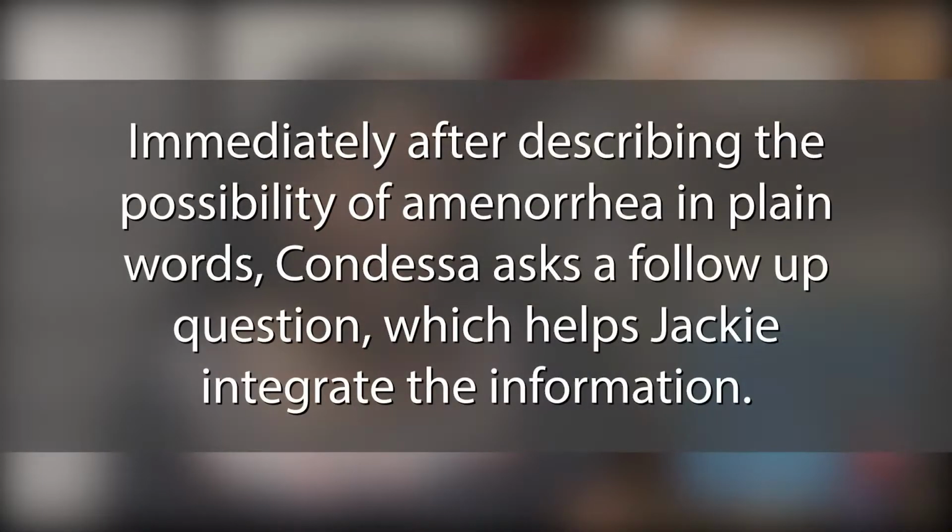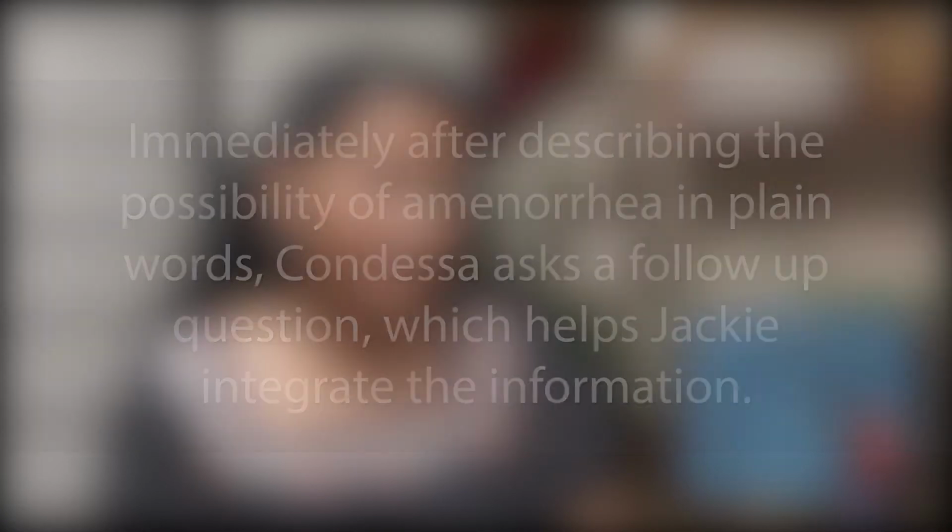For example, there are methods of contraception that you can use for acne or painful periods, or even that can lower your chance of some types of cancer. I do get super bad cramps when I get my period. Can birth control actually help me with that? Immediately after describing the possibility of amenorrhea in plain language, Condessa asks a follow-up question which helps Jackie integrate the information.